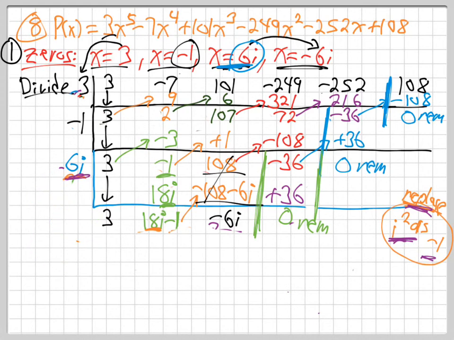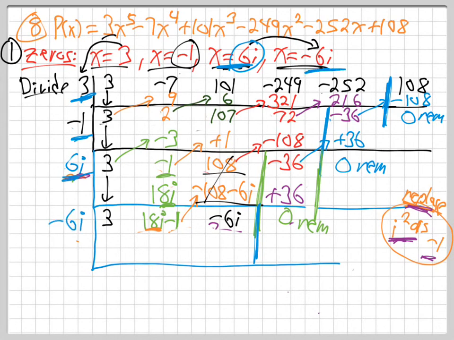So now we have one more 0 we still haven't used. Right? We used 3. Let me get rid of this stuff here. That was 3. We used the 0, 3, the negative 1, the 6i. One more to go. The minus 6i.